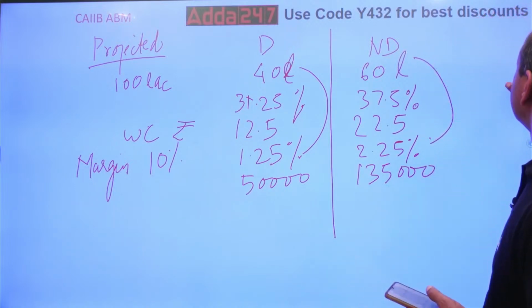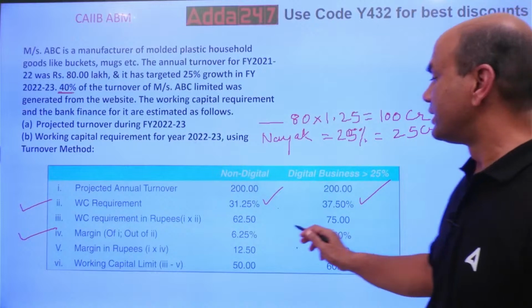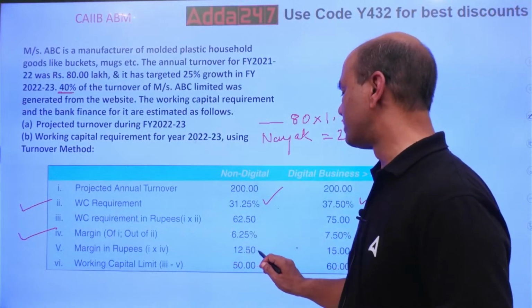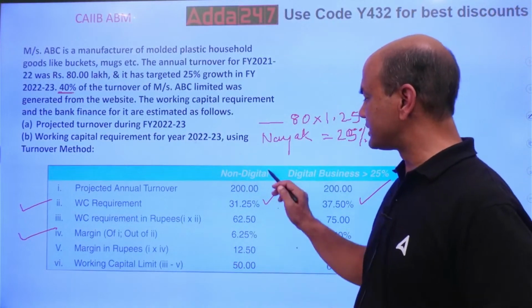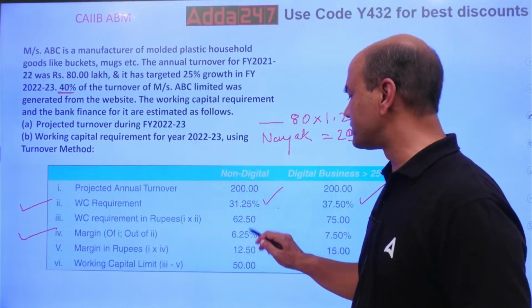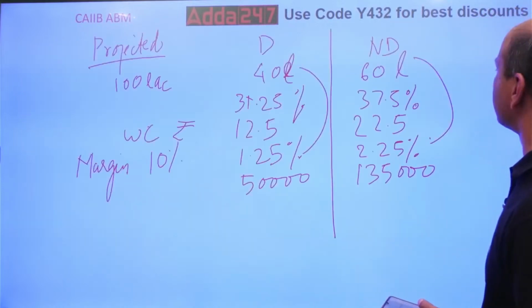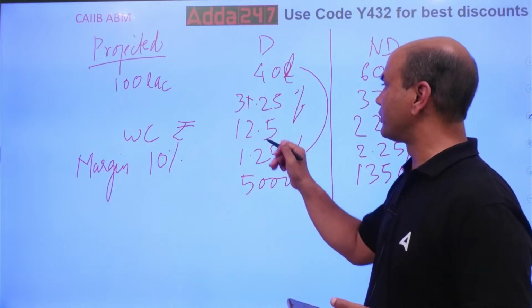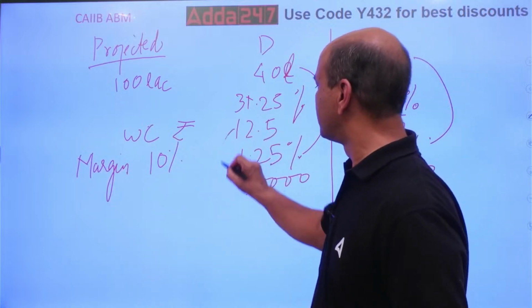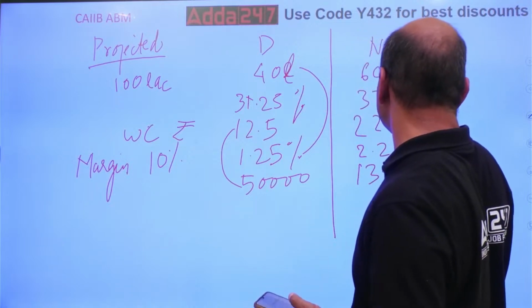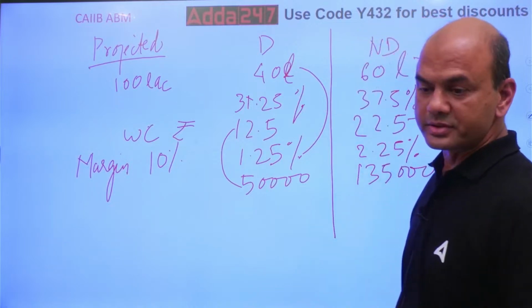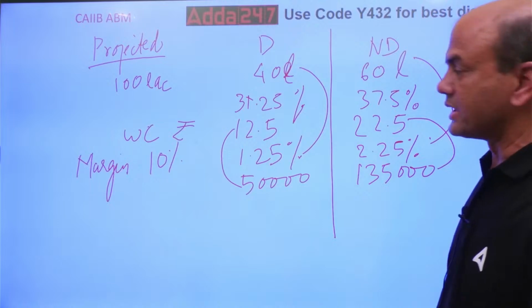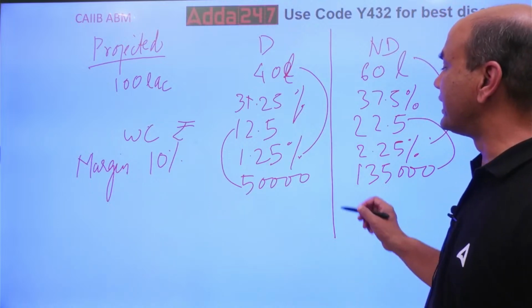1,35,000. So look at this, this much you have got. Margin in rupees. Now once you get the margin, just subtract it from the WC requirement, because this is the margin which the customer will bring in. So what is my WC requirement? It was this 12.5 lakhs. Now subtract it. So what is the answer now? 12.5 lakhs minus 50,000.